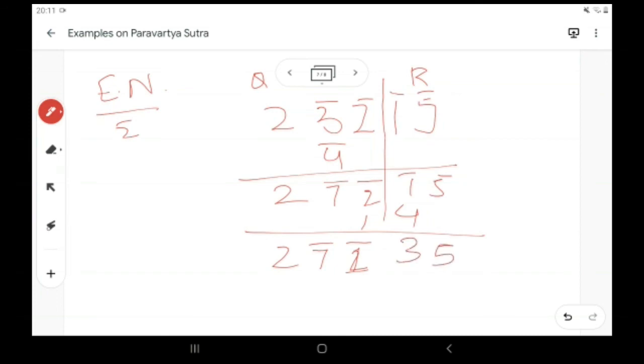So again 2 bar into -1 will give you 2 that must be added to this. So you get finally 2, 7 bar, 1 bar and 37.